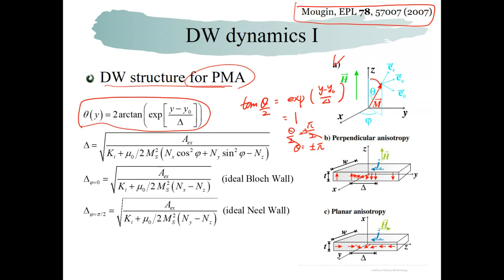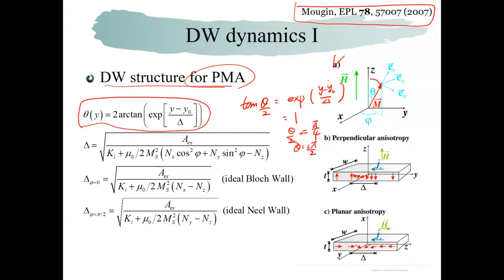Oops, something wrong. Just a moment. Oh, sorry. This is pi over 4. So theta should be plus minus pi over 2. So that means at the domain wall center, the theta value is plus minus pi over 2, which means they should be in plane.